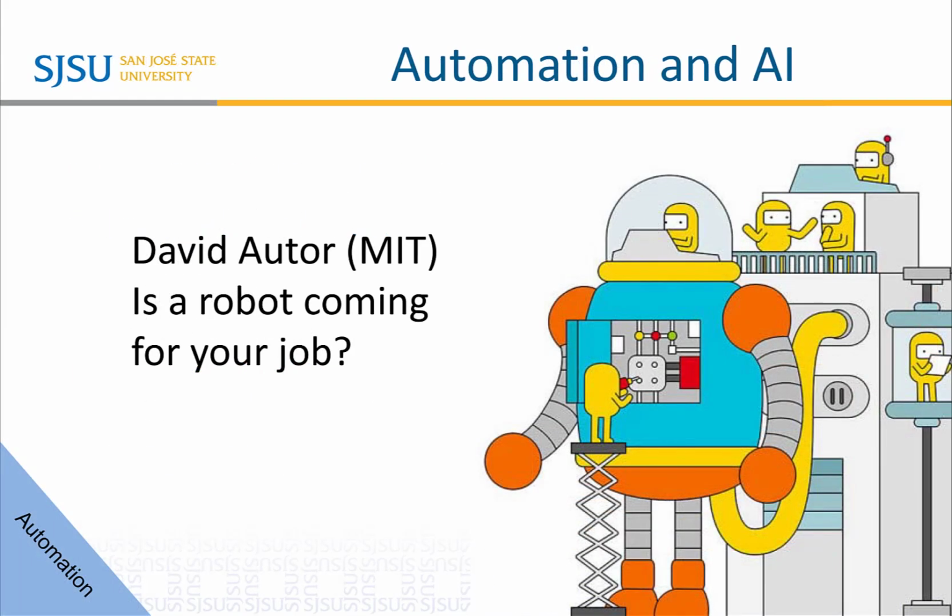As we turn now to process automation, please be sure to watch the video with David Autor on Will Machines Take Away All of Our Jobs that's posted in Canvas, as well as the short HBR article, How Artificial Intelligence Will Redefine Management. In the video with David Autor, he talks about farming and how in the last century it went from 40% of the U.S. workforce down to 2%, although we're producing more food.